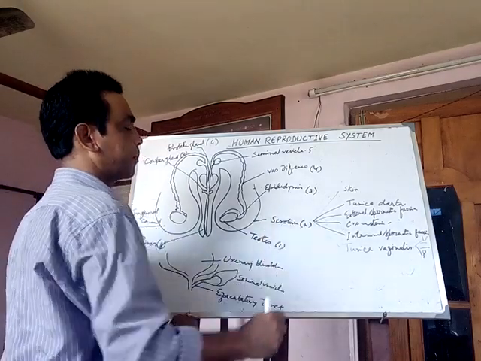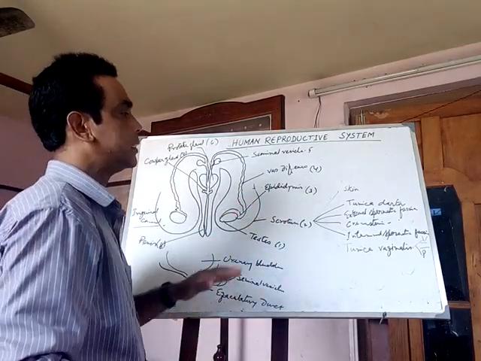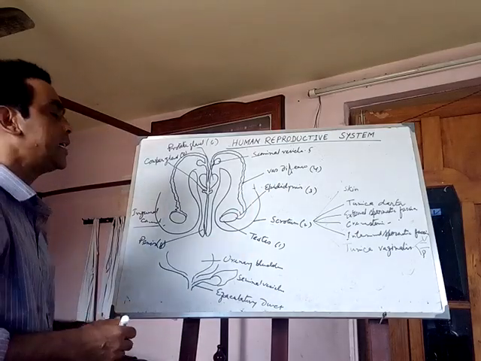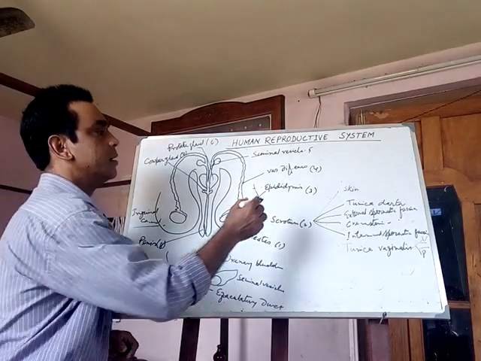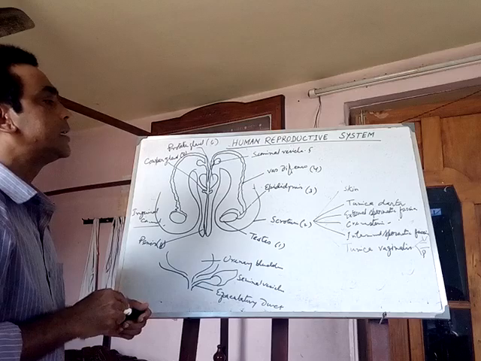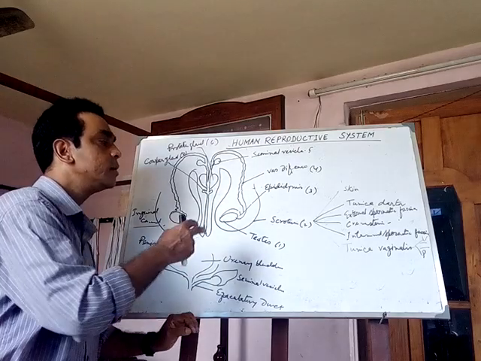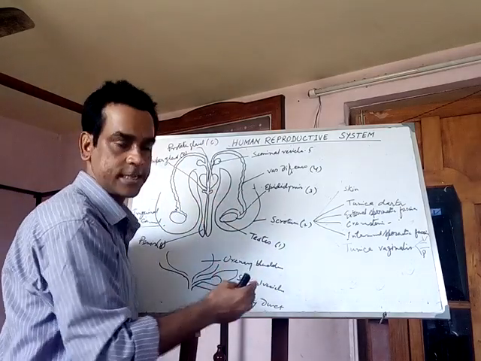Next I discuss the epididymis. The epididymis is the tubular part formed from the testes.